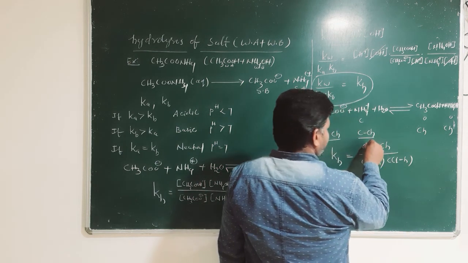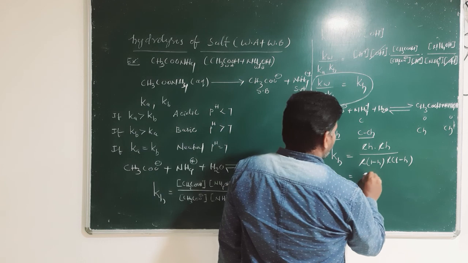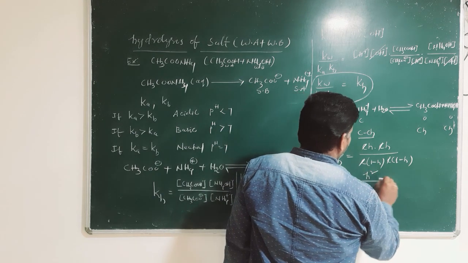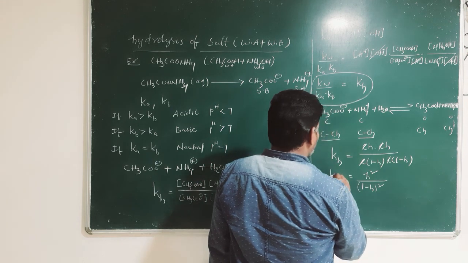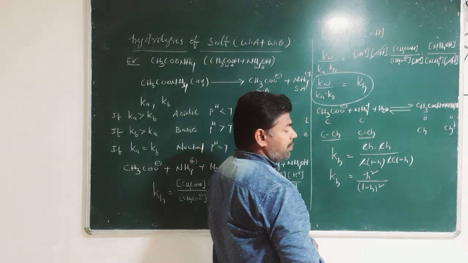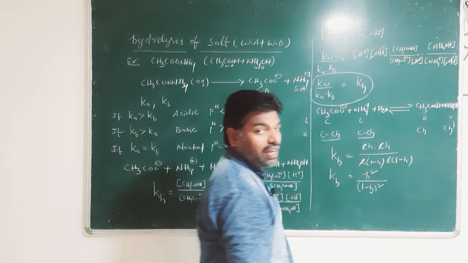In the next step, C cancels, so Kh is equal to h square by 1 minus h whole square, where h is the degree of hydrolysis.